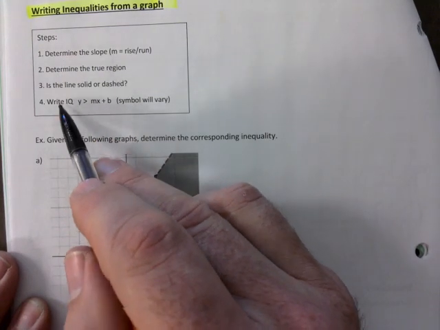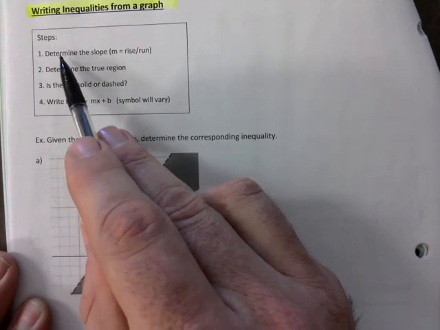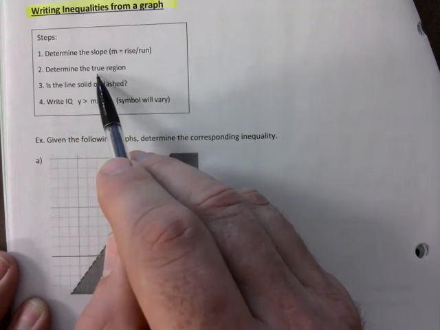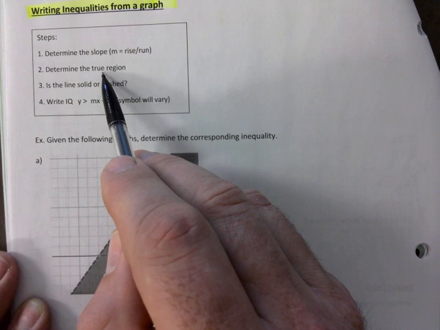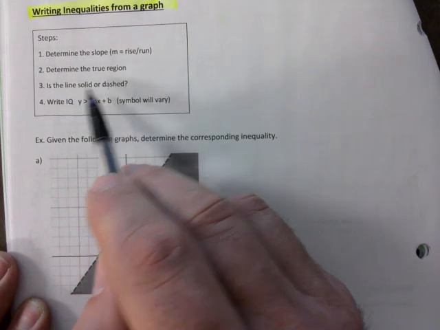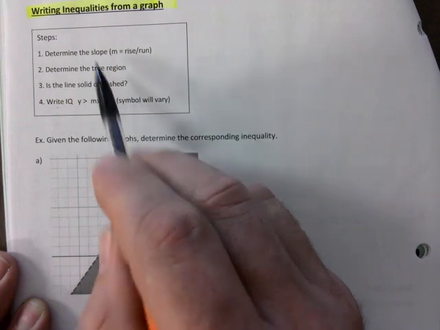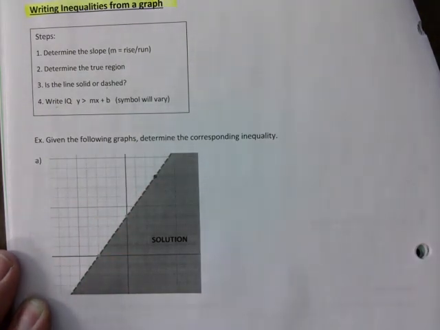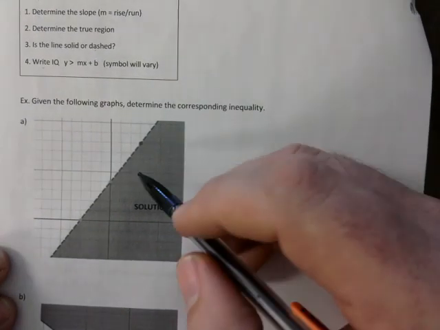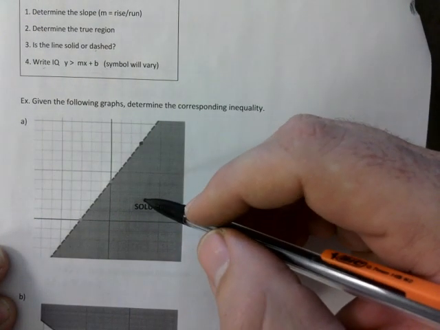This is sort of what I've developed over the years. Determine the slope, determine the true region. Is the line solid or dashed? Then you write your inequality. So it may seem daunting, but here it is. Let's try that. Let's follow the steps. I'm going to try to keep them on there. And I usually give you a bit of a hint.